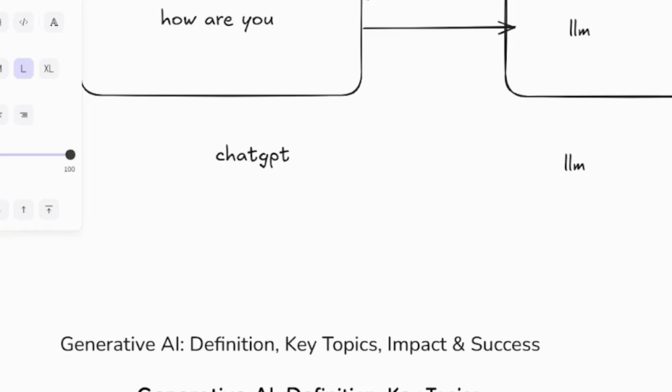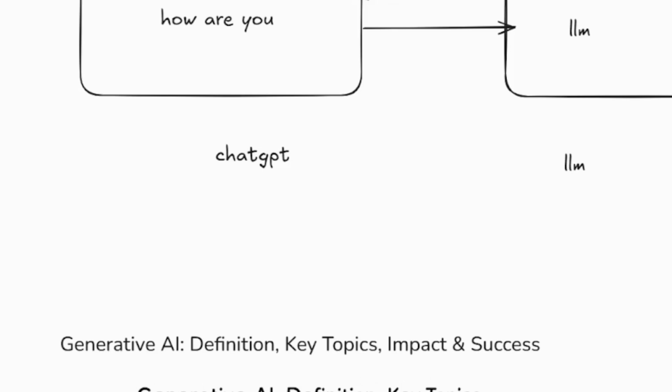How does it work? How does it understand your text, your feelings? It is not possible that every question's answer is stored in a database. It identifies the pattern.